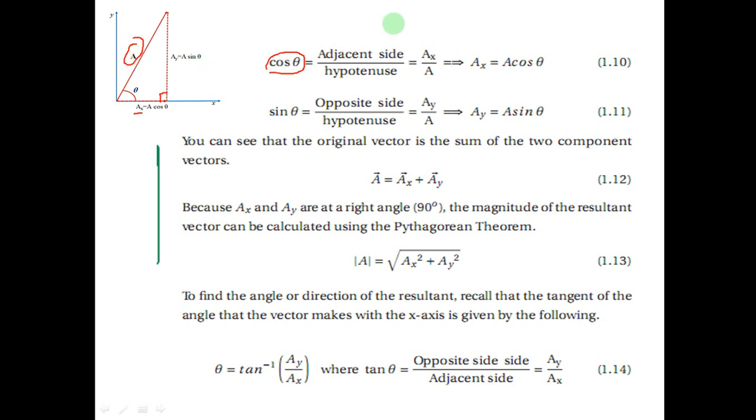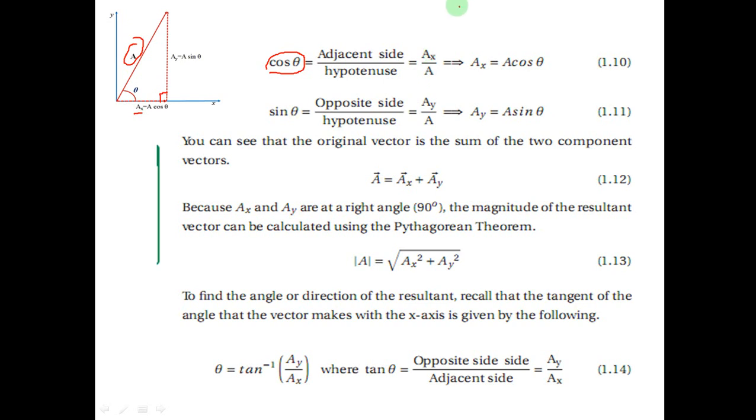So adjacent side over hypotenuse means the adjacent side is relative to the horizontal of the angle theta, which is found on the x-axis, that is ax, and the hypotenuse is a.